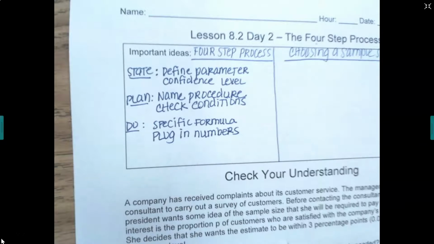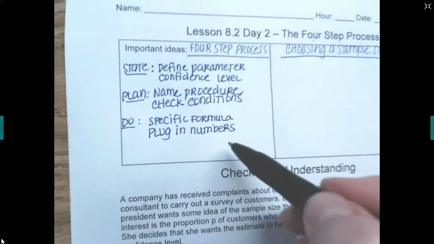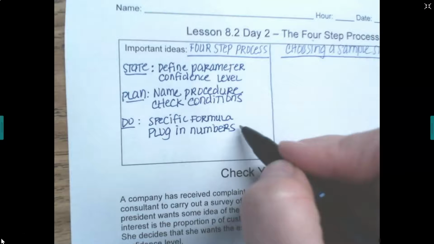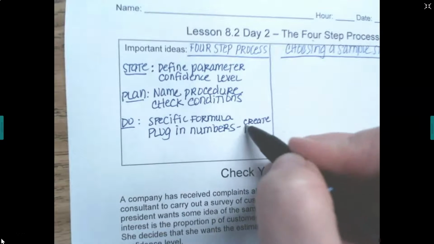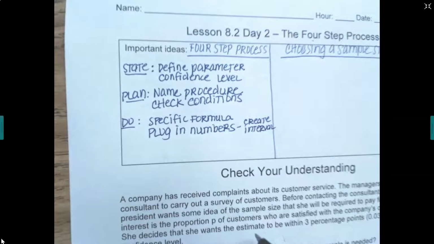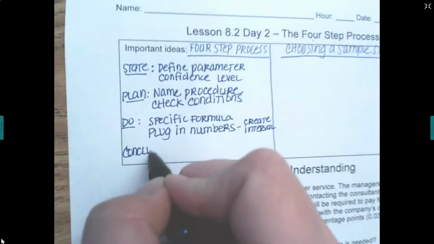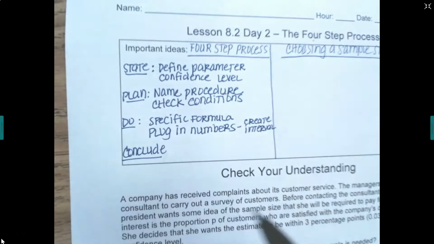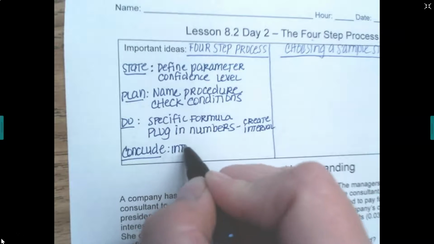This is part of the process of learning all this information. Okay? And you'll get your answer here. You'll create your interval. Right. And then we have conclude. And I want you to interpret the interval in context.